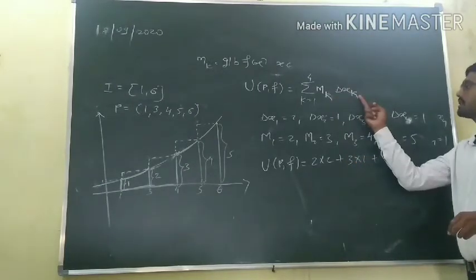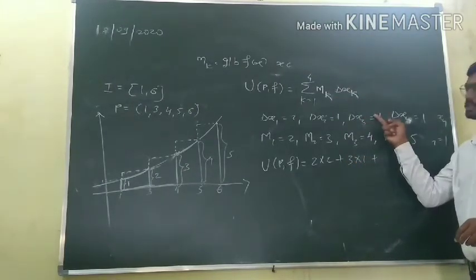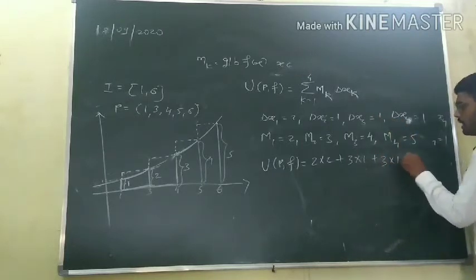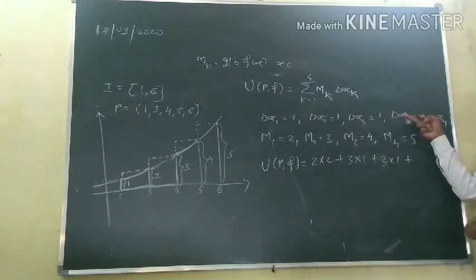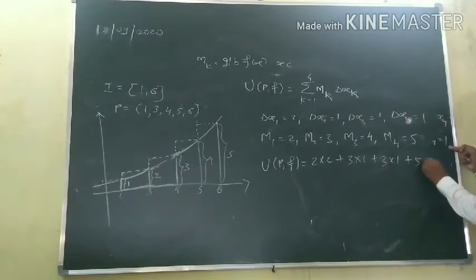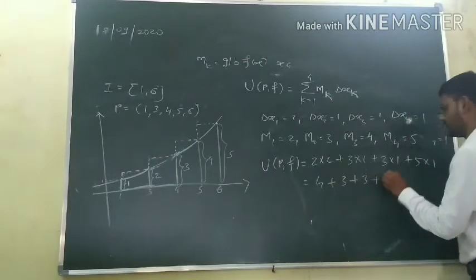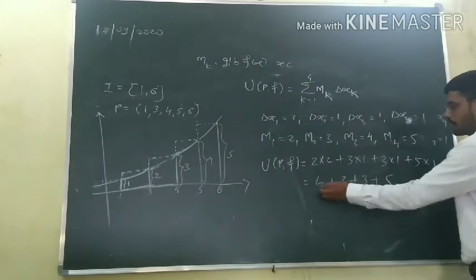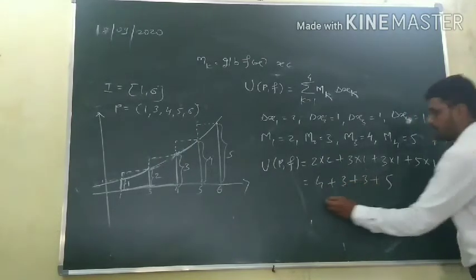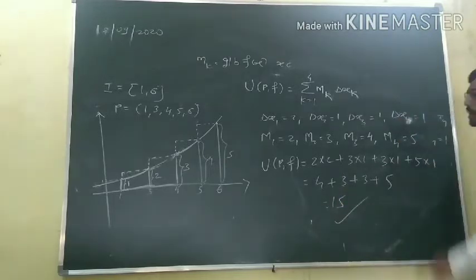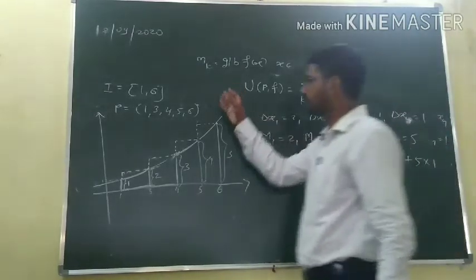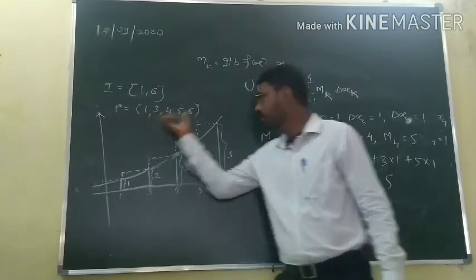M3 delta x3: M3 is 4, delta x3 is 1, so 4 into 1. M4 into delta x4, so 5 into 1. So this becomes 4 plus 3 plus 4 plus 5. So 4 plus 3 is 7, plus 4 is 11, plus 5 is 16. This is the upper sum for this function corresponding to this partition P.